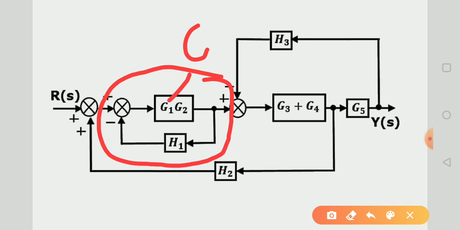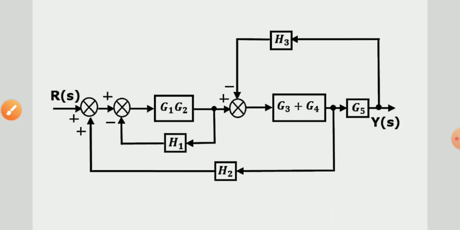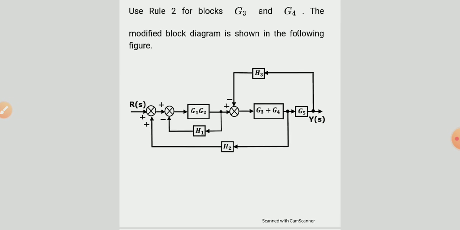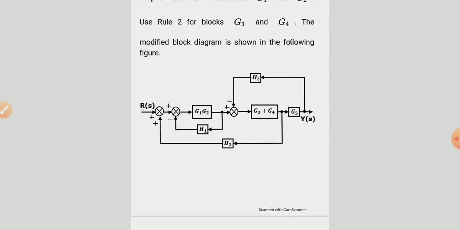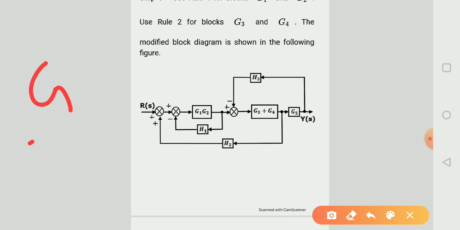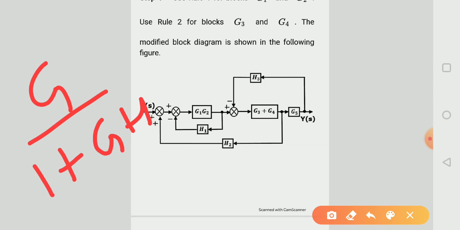This is gain G and this is the feedback H. The feedback formula is gain upon 1 plus G into H, gain into feedback path.